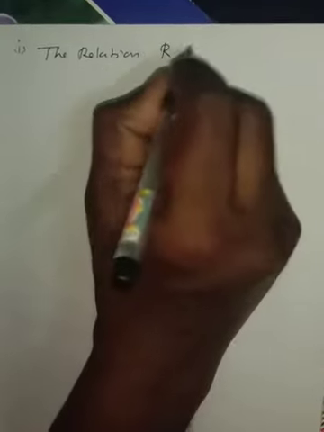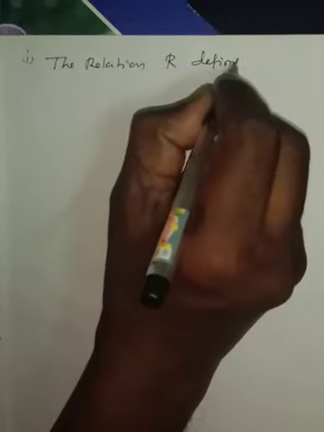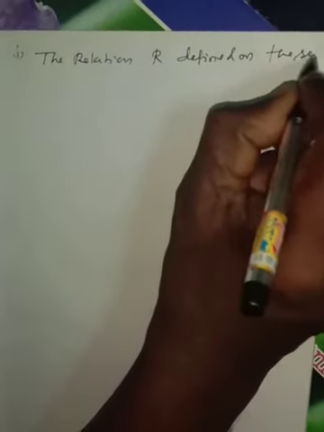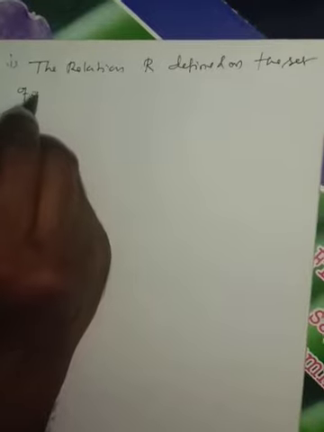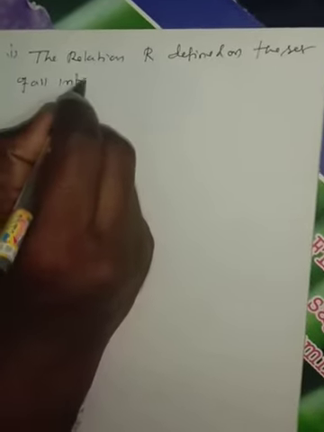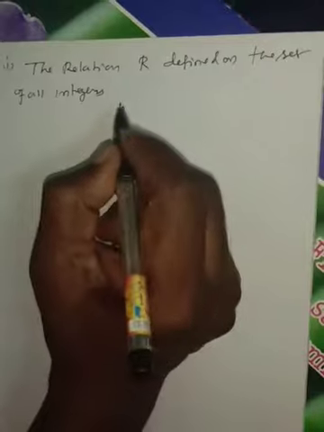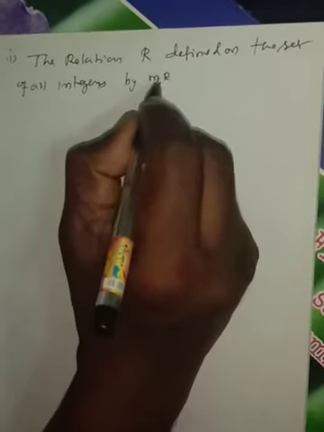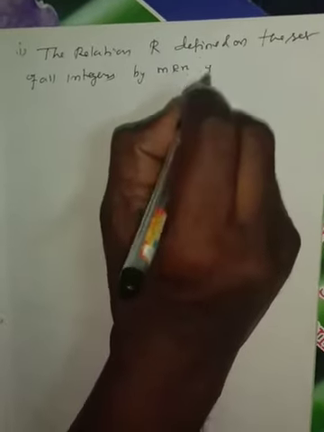The relation is defined on the set of all integers by m relation n if m divides n.